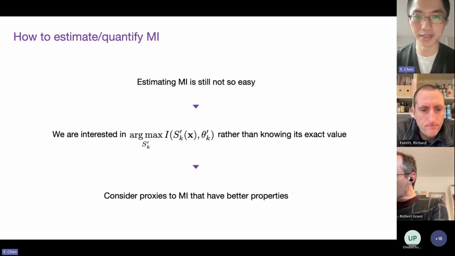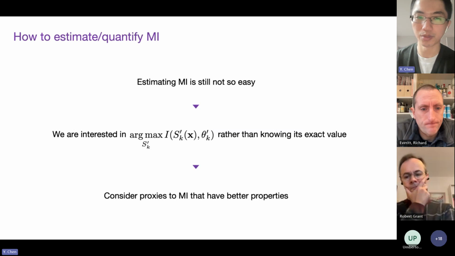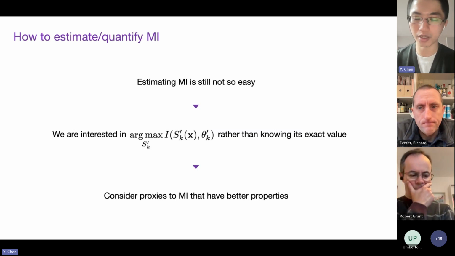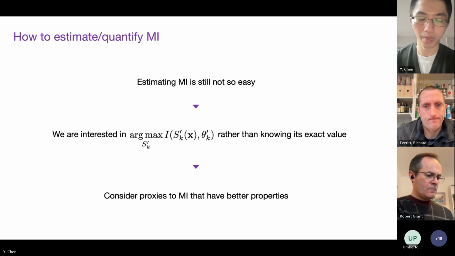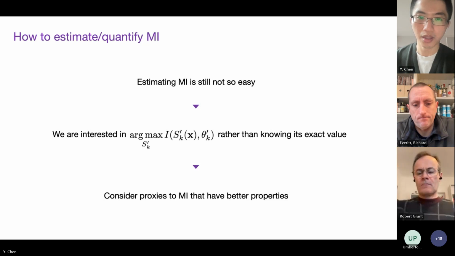Now the question is, how do we estimate or quantify this mutual information? We already avoid solving the high-dimensional mutual information estimation problem, and now we estimate in low-dimensional space. But we still have the problem of how to estimate it.